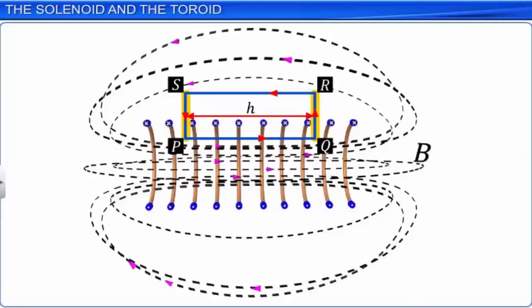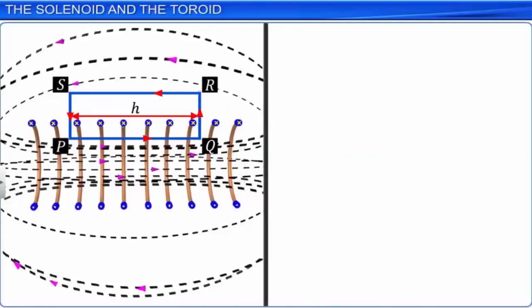According to Ampere's circuital law, integral over the closed loop B dot dl is equal to mu naught times the current enclosed by the Amperian loop. Let this be equation 1. This can be calculated by considering the magnetic fields along the lines PQ, QR, RS and SP of the Amperian loop.